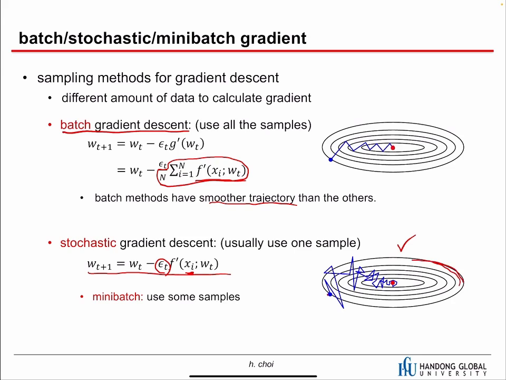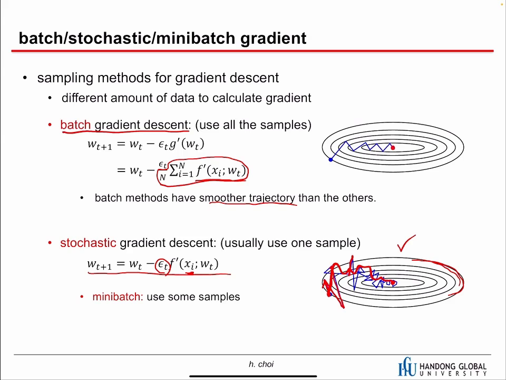But when we take a gradient with one sample, the gradient is actually going in other directions. Sometimes this direction, sometimes this. Look at this one. Sometimes even this direction is possible when the sample is a complete outlier. But eventually, gradually, it will converge to this local minimum. So that is stochastic gradient descent.